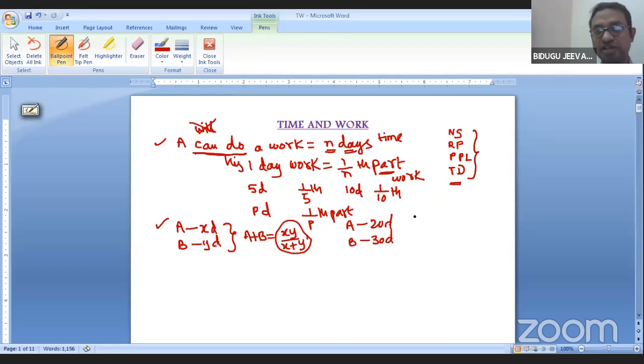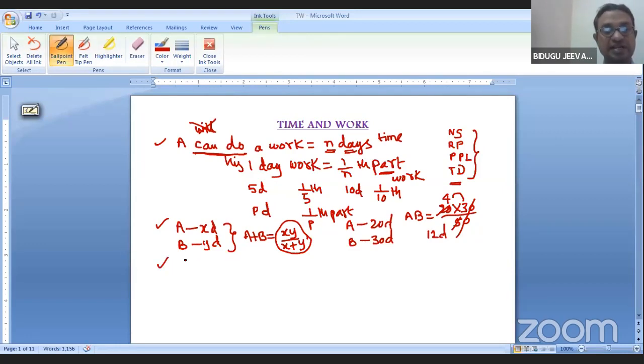If both work, obviously they'll finish in fewer days, right? Now, A and B: 20 into 30 by total 50, right? 5 fours, 4 threes are 12 days. Are you following my point?